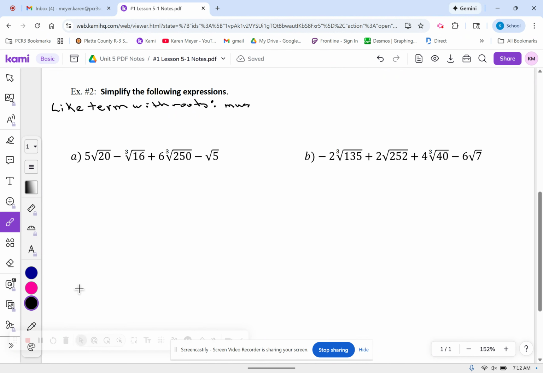So you must have the same index number, so that's the same number outside the root, that little bitty number typed up above.